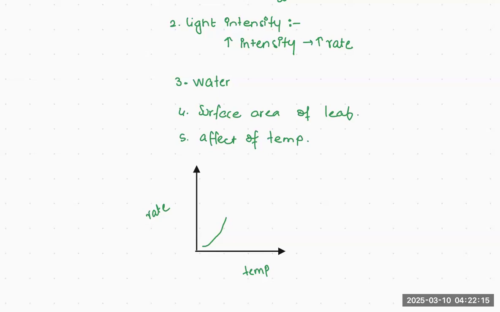The optimum temperature is the temperature at which your plants are going to have the highest rate of photosynthesis. But as you cross the optimum temperature, the rate of photosynthesis will start to decrease. Why? Because the enzymes will get denatured. So you have to relate this to the topic of enzymes.